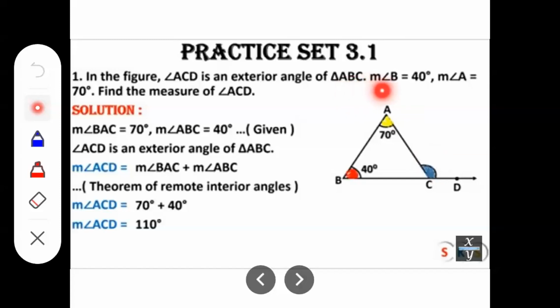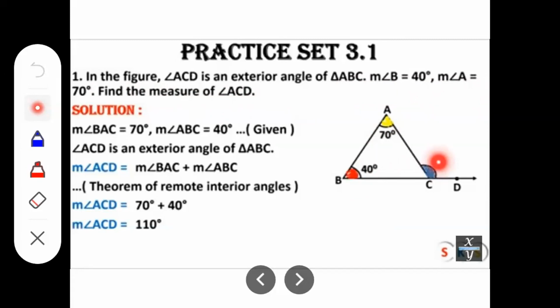Now measurement of angle B is given 40 degree and angle A its measurement is given 70 degree. Here you can see it in the diagram. Now find measurement of angle ACD. We have to find the measurement of exterior angle.